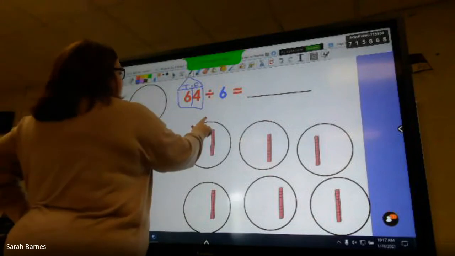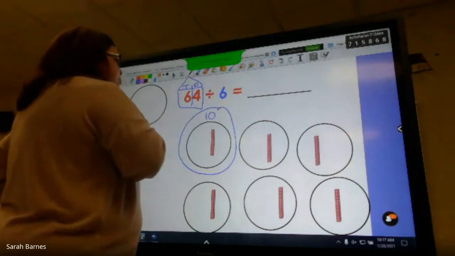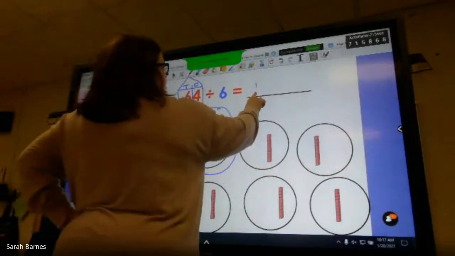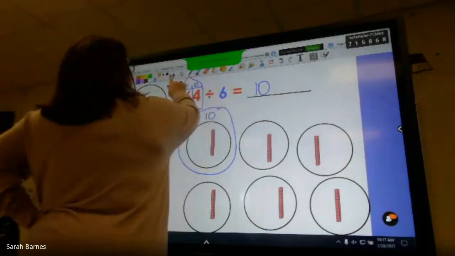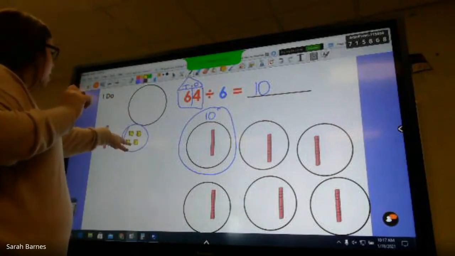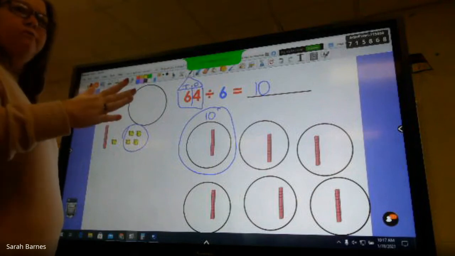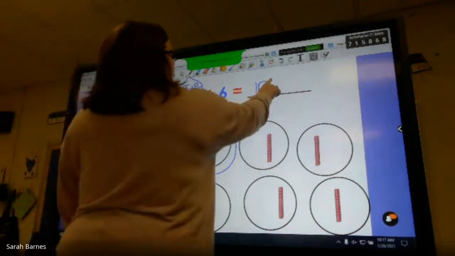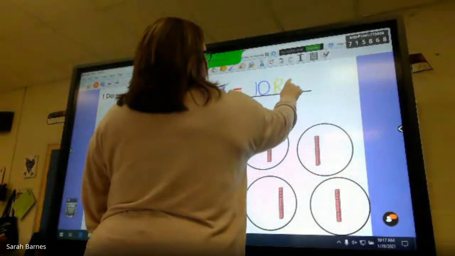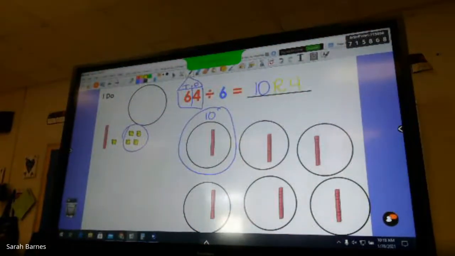So I'm going to write 10 above this one, and I'm going to circle it because this is the one I'm going to choose to put up here. So 10, but I have to remember that I have these 4 pieces of candy over here that I couldn't share with anybody because I didn't have enough, right? So I have a remainder of 4. Does everybody see that?